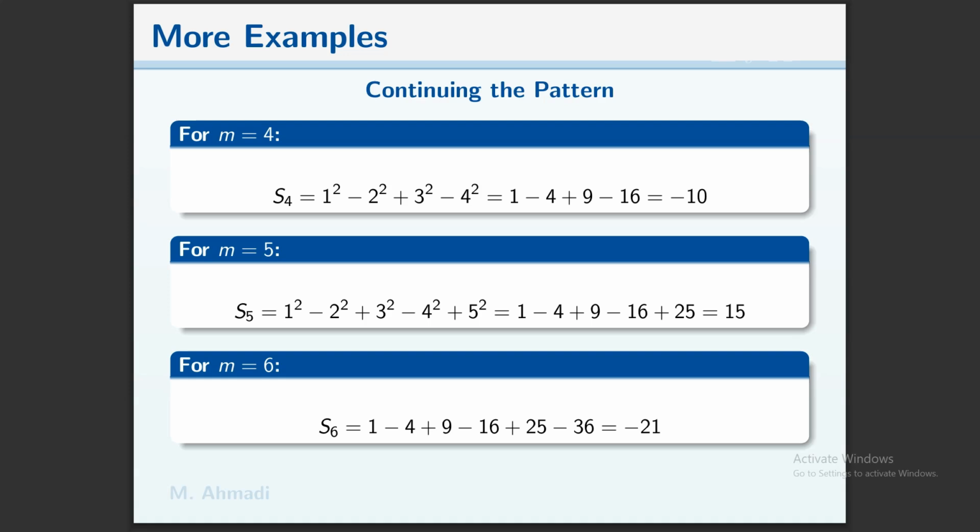And for m equals 6, S6 equals 1 − 4 + 9 − 16 + 25 − 36 equals −21. Do you see the pattern in these examples?